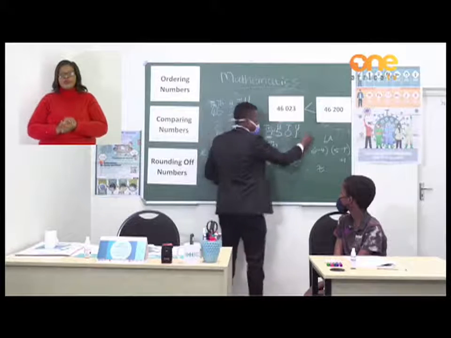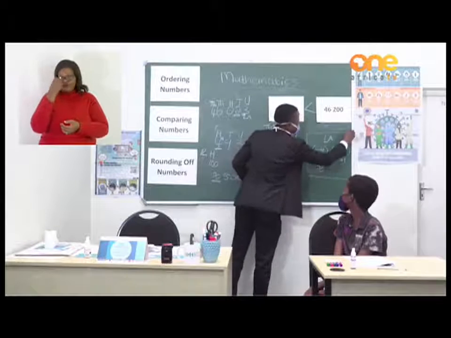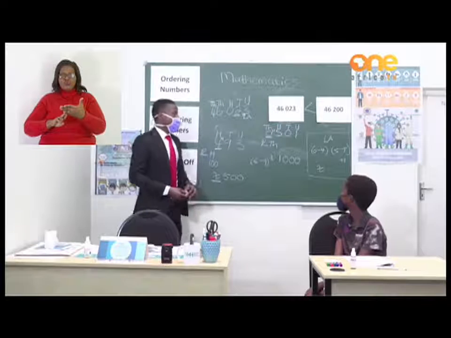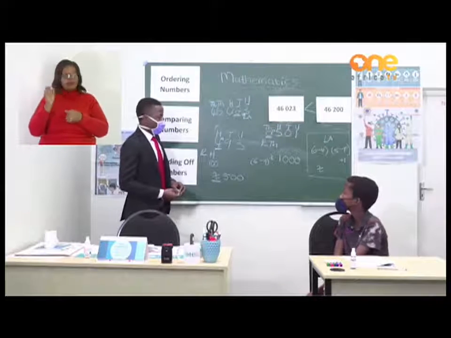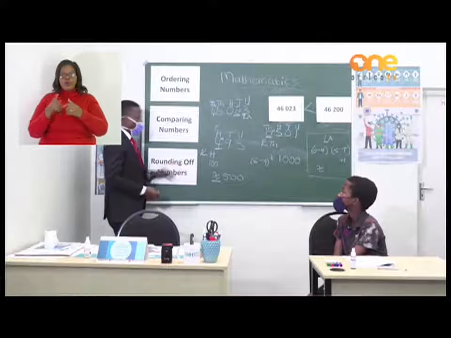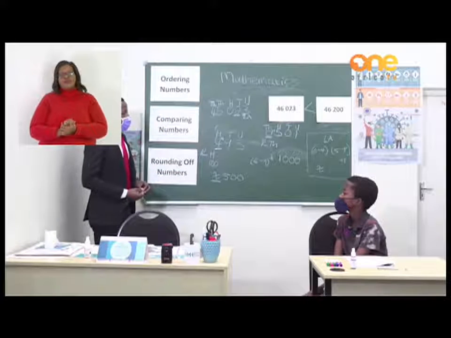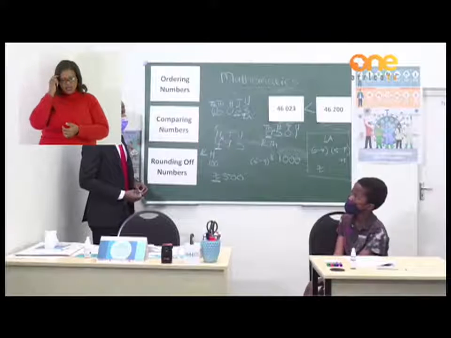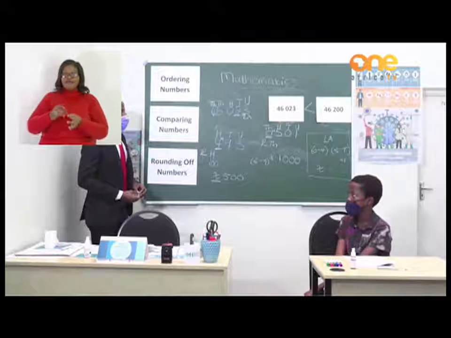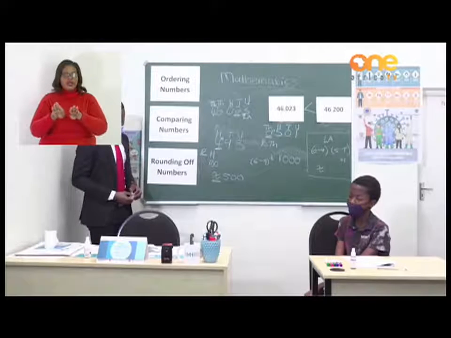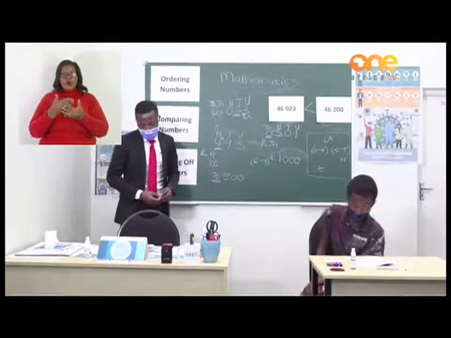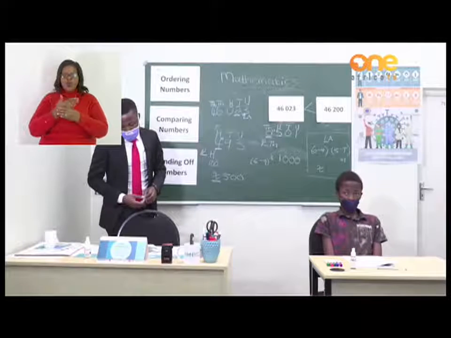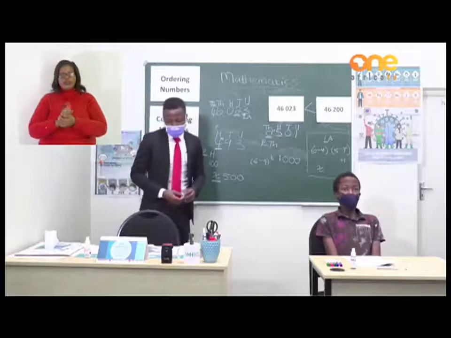If you read and master these 4 components, then you will never have a problem with rounding off. So I believe you have enjoyed this explanation. Now we need to go back to our worksheet in our booklet, so that I can go through it with you question by question.